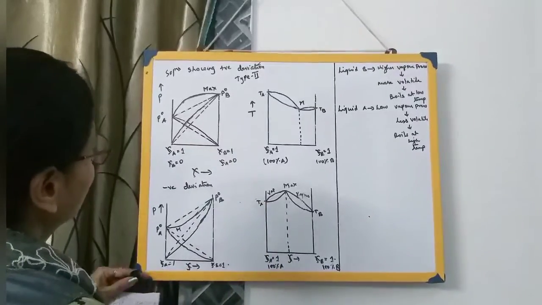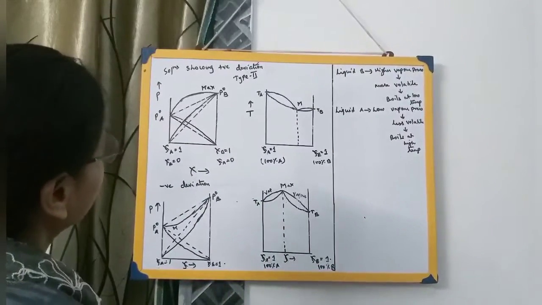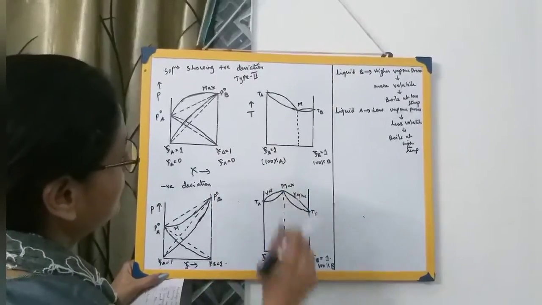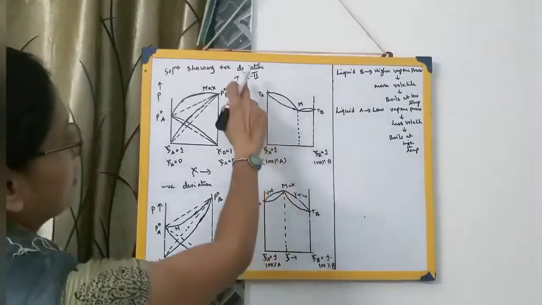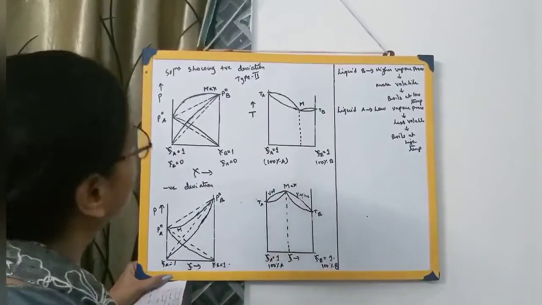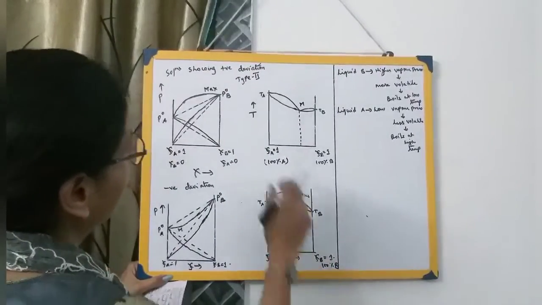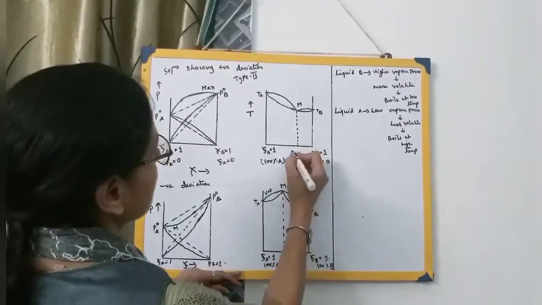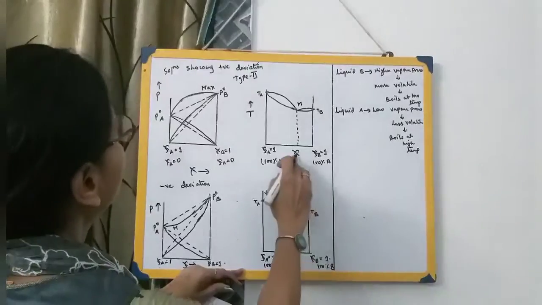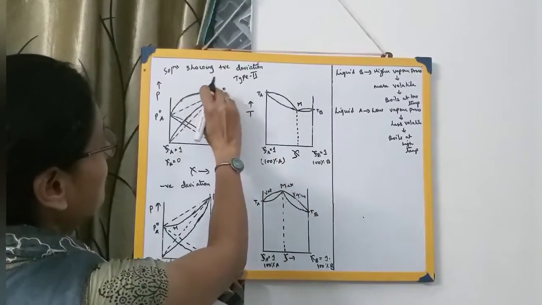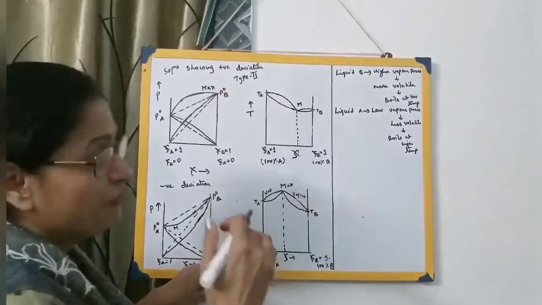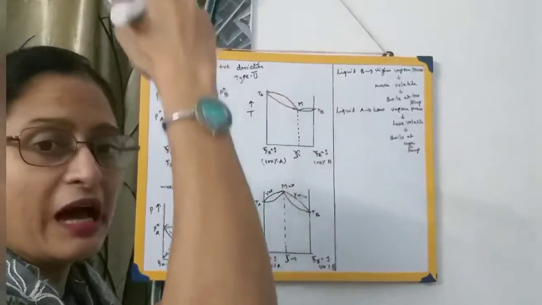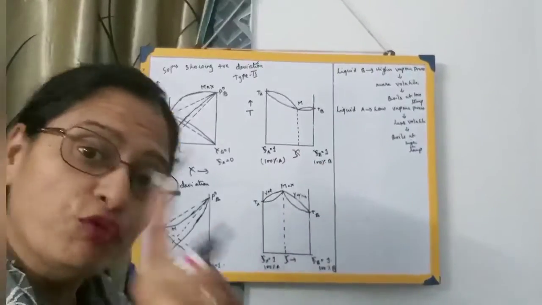Now, if a solution of A and B is an azeotropic mixture, a type 2 solution showing azeotropic behavior, and you plot a graph of temperature versus mole fraction, then you will find that where there was a maximum vapor pressure, the liquid has a high vapor pressure, which means it is more volatile.